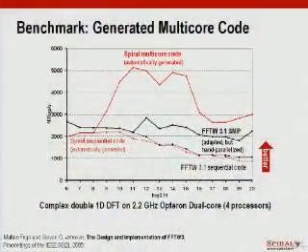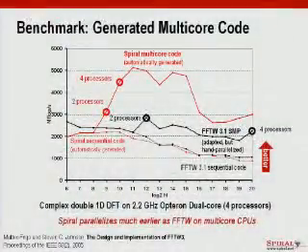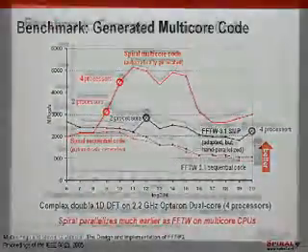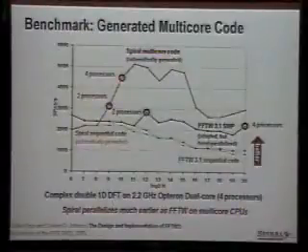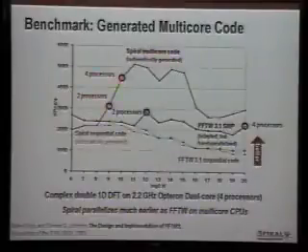So the next thing that's interesting is if we look at how many processes are used by Spiral and FFTW. We see that Spiral starts using 2 processes at 2 to the 9, while FFTW needs problem size 2 to the 12 for that. And we switch to 4 processes right away, while FFTW has so much overhead from parallelization that it makes sense to go to 4 processes only at 2 to the 20.